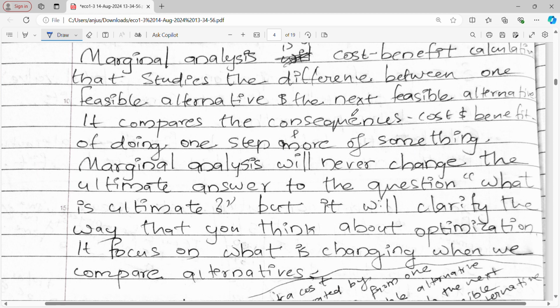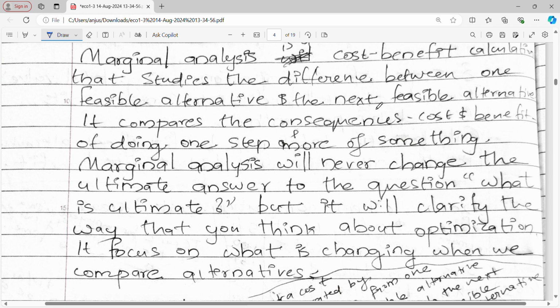So just two are considered here. It compares the consequences, that is costs and benefits, of doing one step more of something.